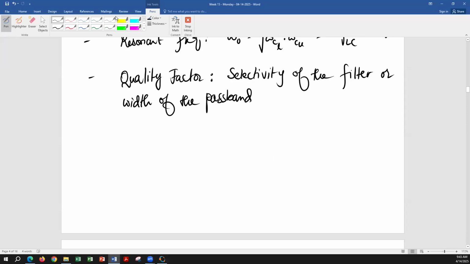Just to give you an example, let's say we have two filters. All frequencies are positive. I'm just going to show lower frequencies on the left side and upper frequencies on the right side, starting at 0.